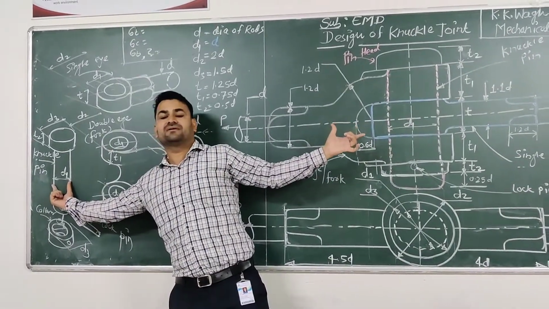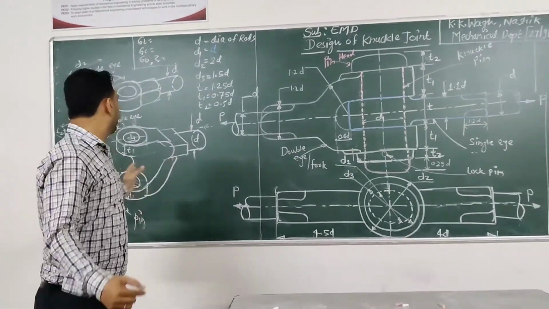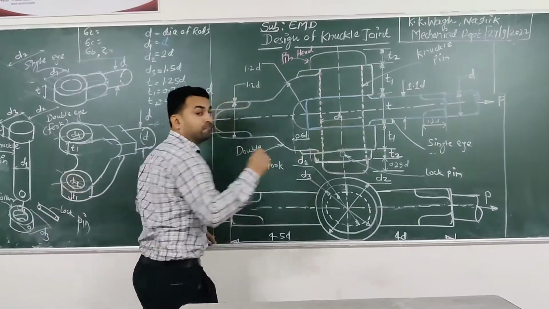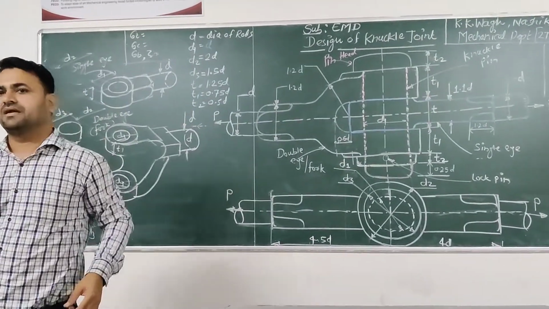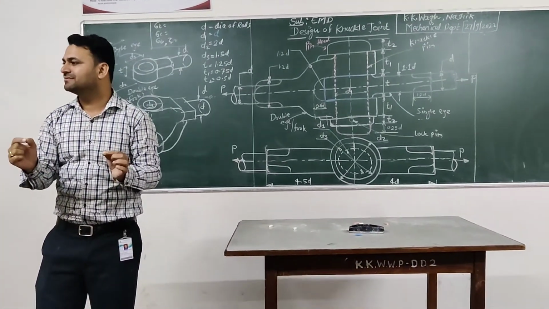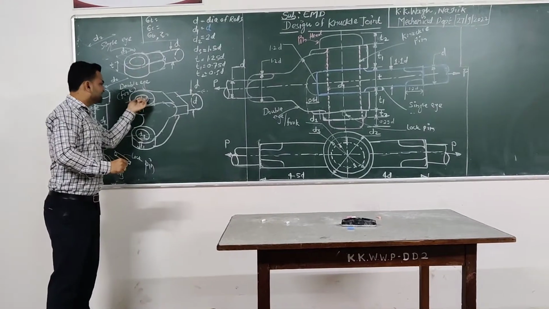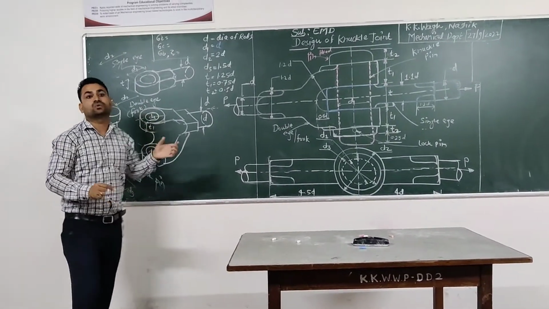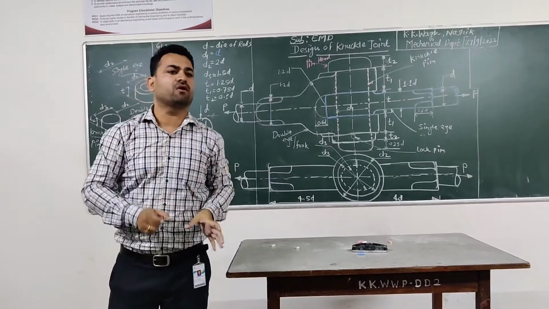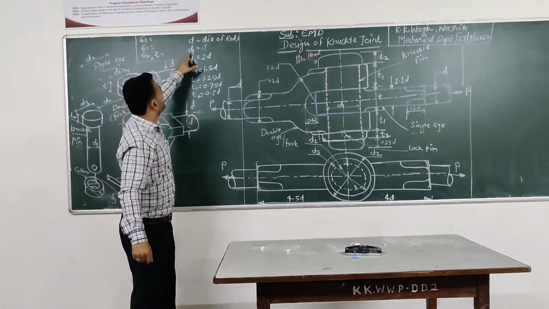Diameter of knuckle pin. Very good. But at the same time, diameter of knuckle pin will be equal to the inside diameter of single eye and double eye. So D1 is equal to diameter of knuckle pin.